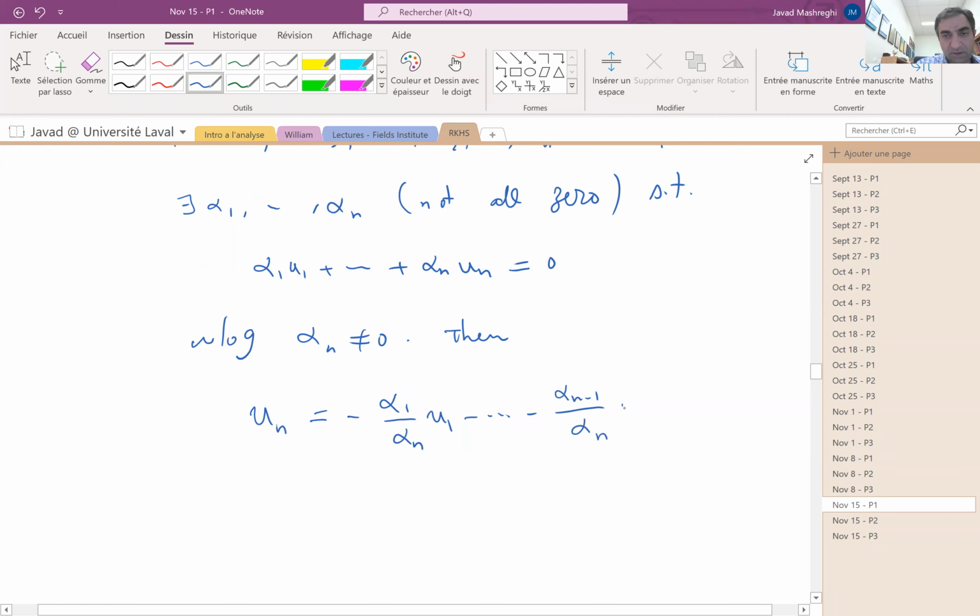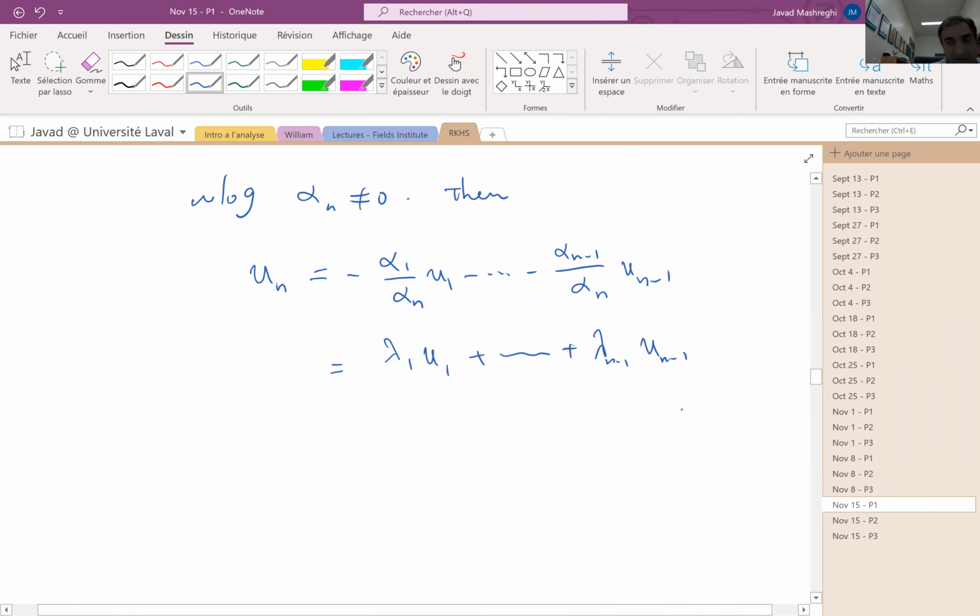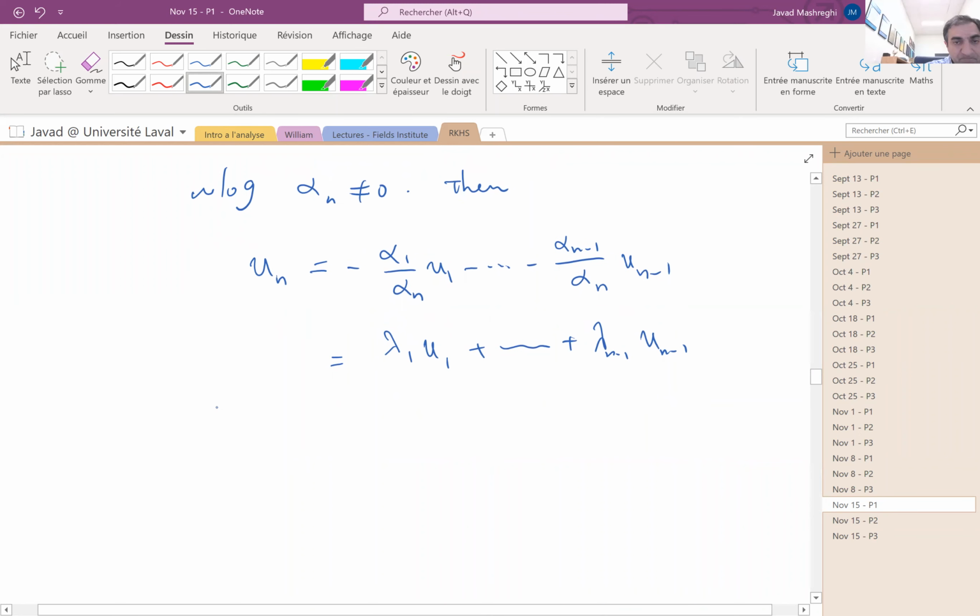And for simplicity, let me write lambda 1 u1 plus lambda n minus 1 un minus 1. So I can write un as a linear combination of u1 up to un minus 1. And then let's see what happens to x.